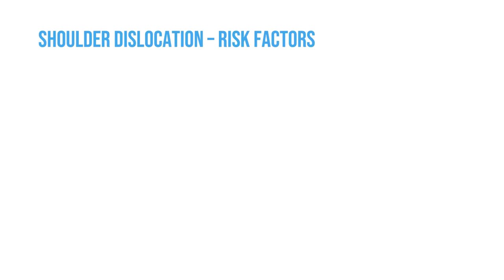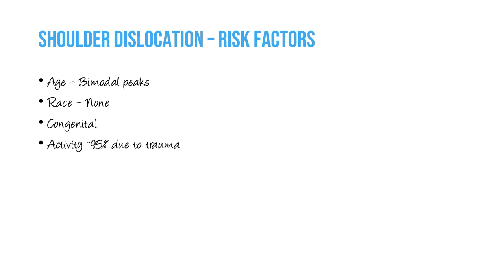So what are the risk factors which lead to shoulder dislocation? Age is one of the factors. Very young and very old can have shoulder dislocation. It can be congenital in some patients, where they have inherent instability of the shoulder and can have multiple shoulder dislocations. But 95% are due to an activity or some kind of trauma, maybe a motor vehicle accident or a fall onto the shoulder.